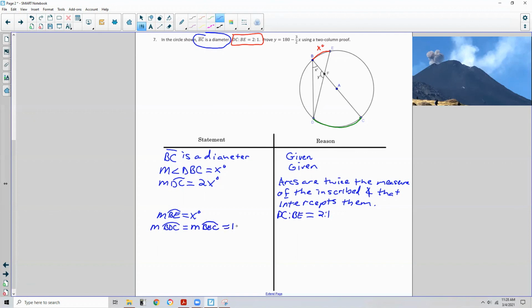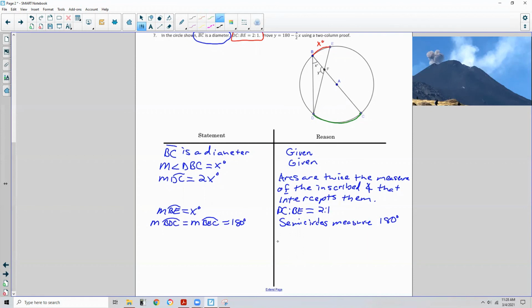And they both equal 180 degrees. And the reason is semicircles measure, sorry about the poor writing, it's hard to write with this pad. Semicircles measure 180 degrees. Okay, so moving along, now what do we have? We know now that BDC is equal to BEC.